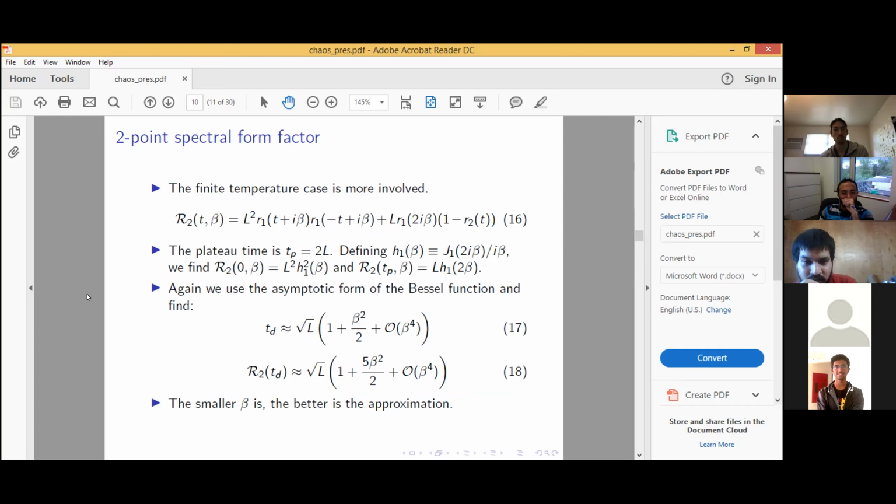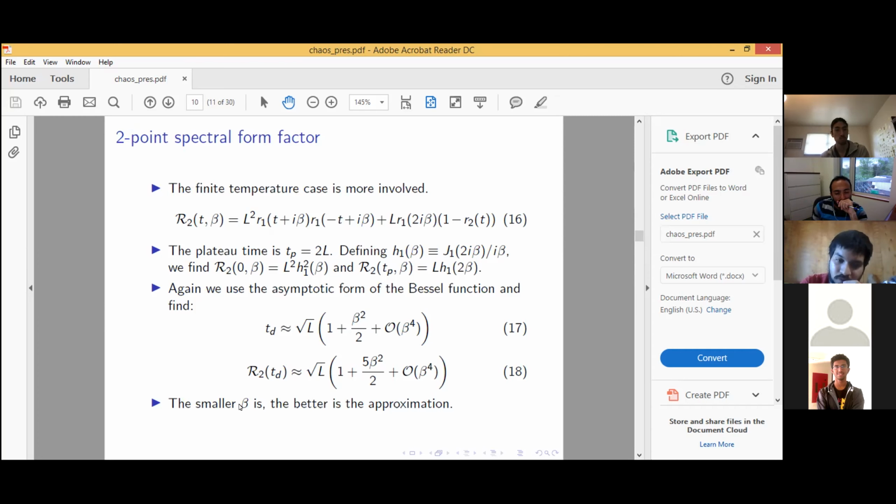Again, we use the asymptotic form of the Bessel function and estimate the dip time and the value of the form factor at the dip time. It turns out that it is root L times 1 plus some higher order terms in beta, the first order correction being at beta squared.